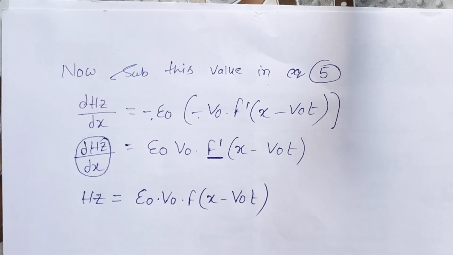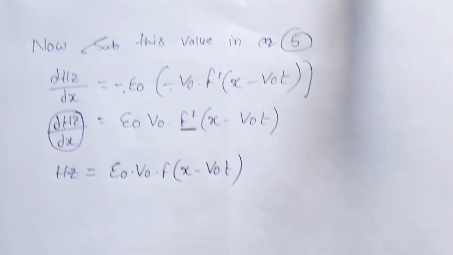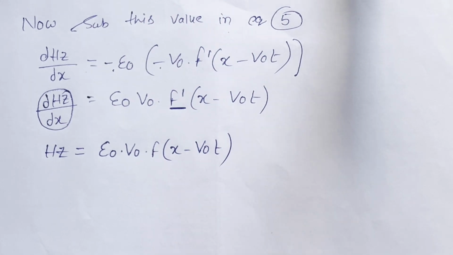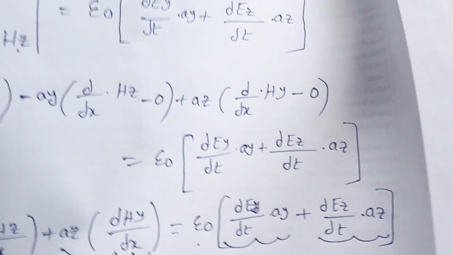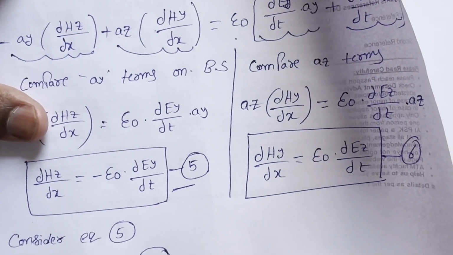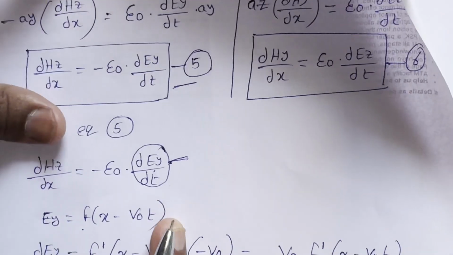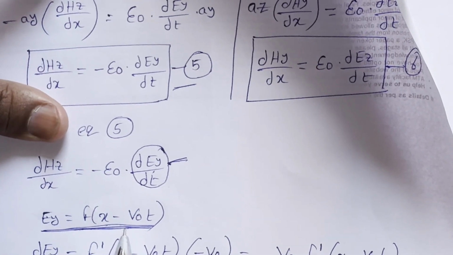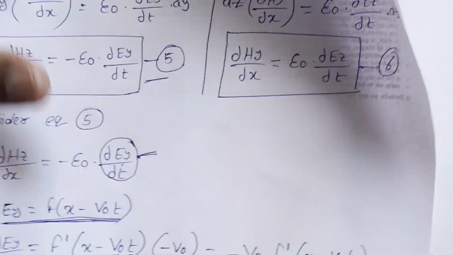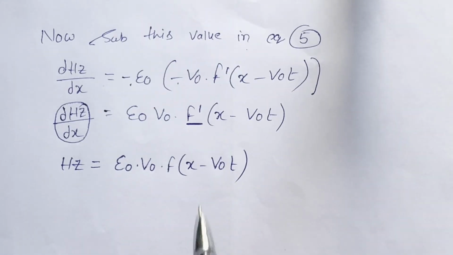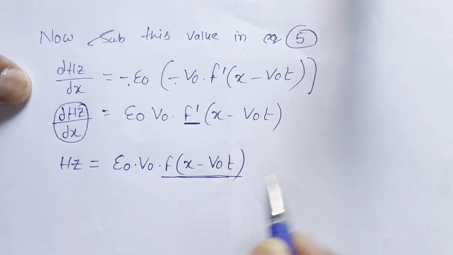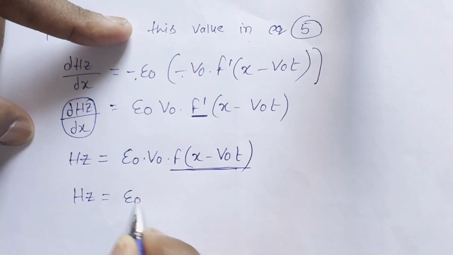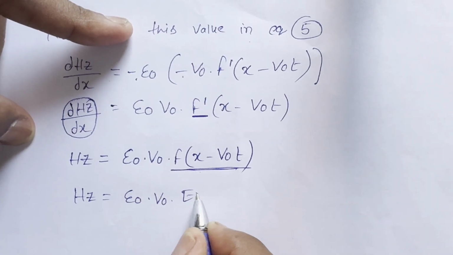We have already assumed previously that Ey of x is f(x - v₀t). This was assumed in our previous steps. Now this value can be replaced as Ey. Then Hz equals ε₀ v₀ into Ey.